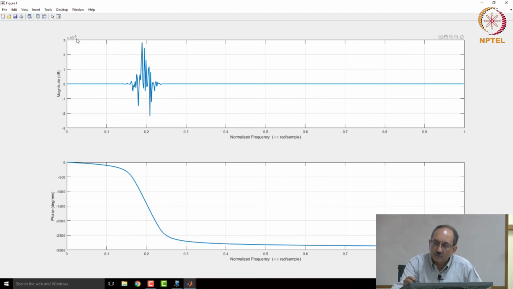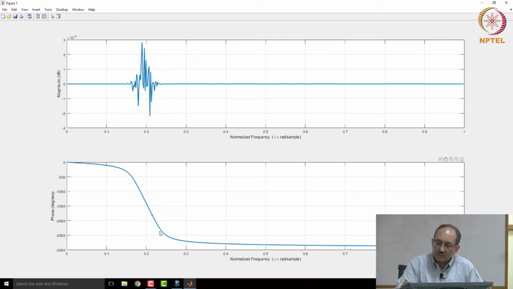This magnitude, if you notice, this is 10 to the minus 3. So, that is why you see something here, and really if you zoom out, this fluctuation will not be seen. You are seeing this fluctuation as if it is something significant because the scale is very, very narrow. It's zoomed in. If I zoom out, this will be a constant, and this change of 10 to the minus 3 will hardly be visible. And again, this is happening because the poles are not exactly at the location they have to be because of numerical precision. So this is the all-pass section, its magnitude is all 1, and this is the phase response.